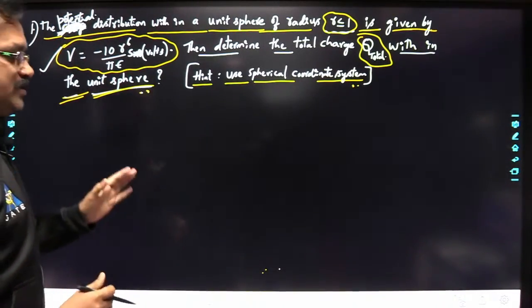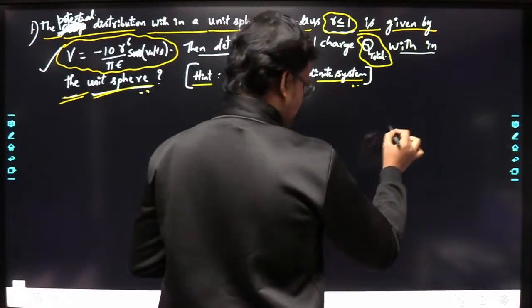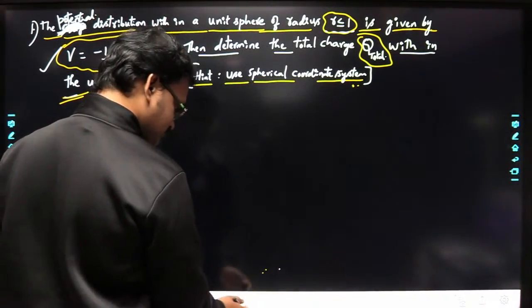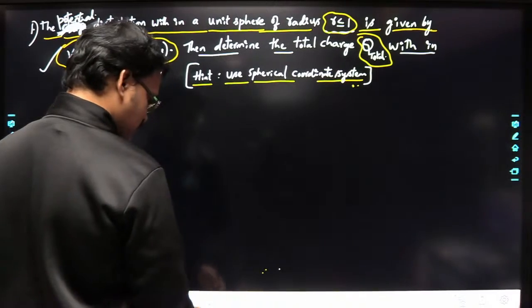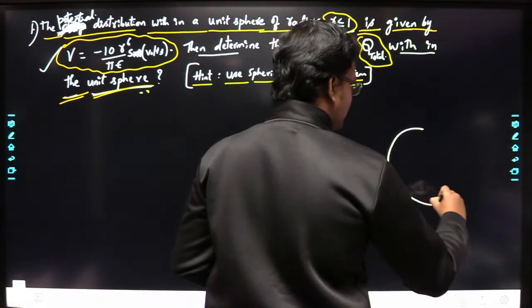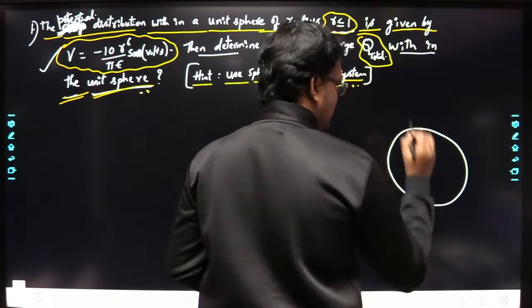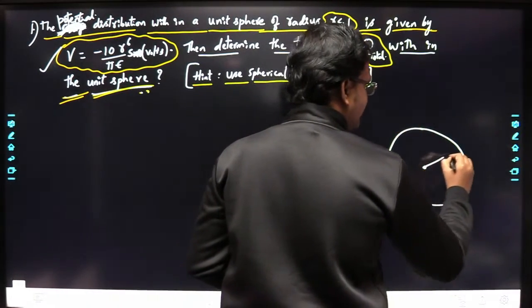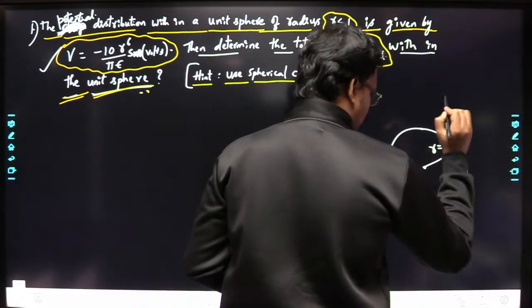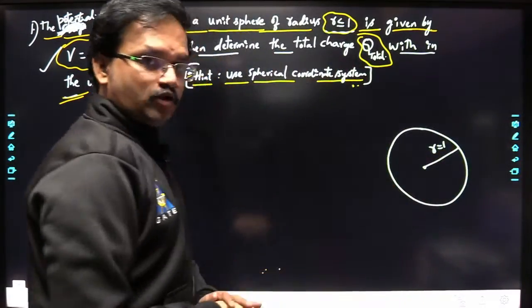So if you consider a unit sphere, its radius is equal to 1.